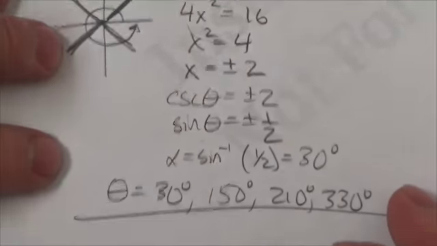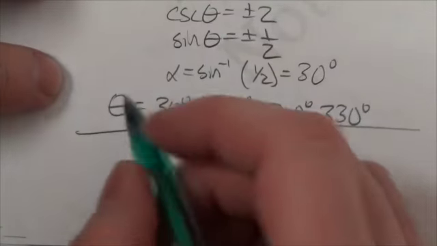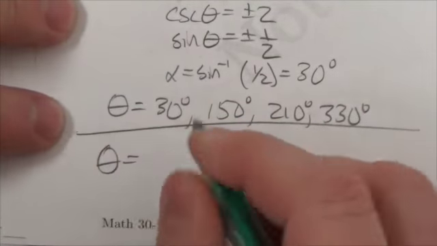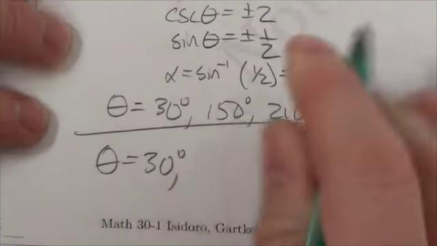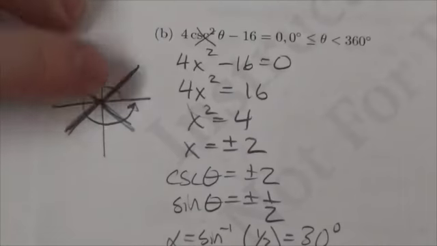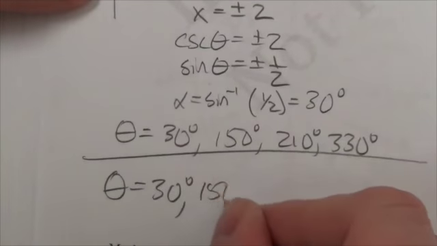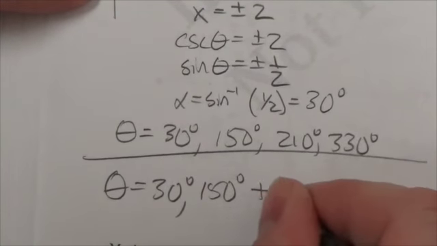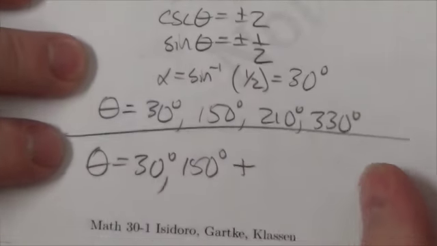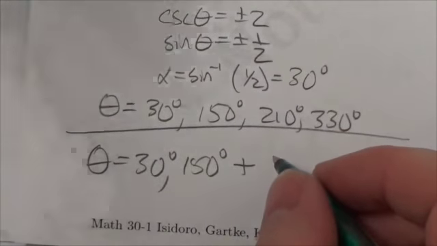So to get my general solution, I can get a little bit lazy with my notation. What I'll do here is pick a representative for the first quadrant and the second quadrant. So the 2 angles that I got for those are 30 and 150. And to build the general pattern here, I'm not going to add 360.